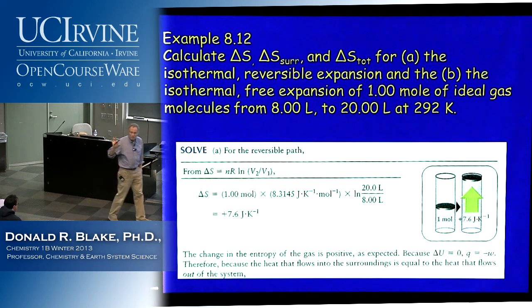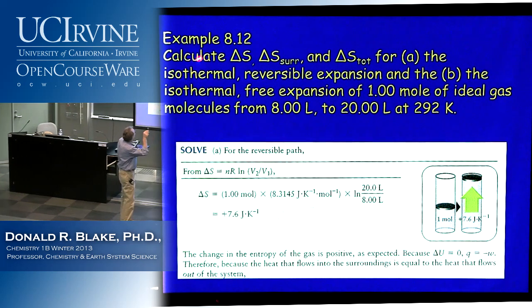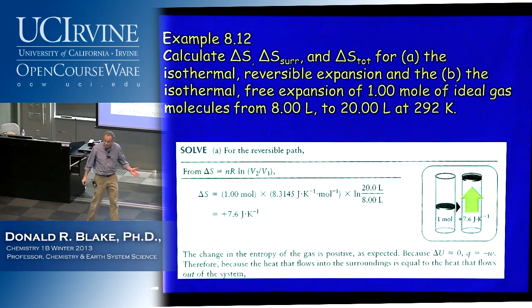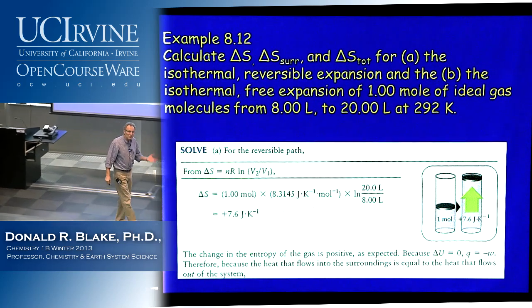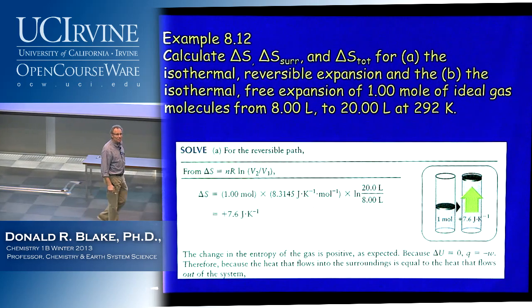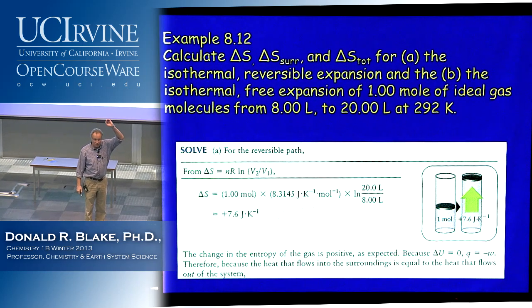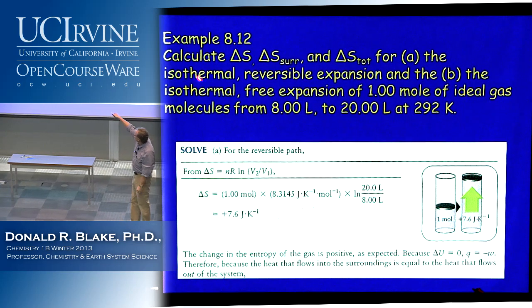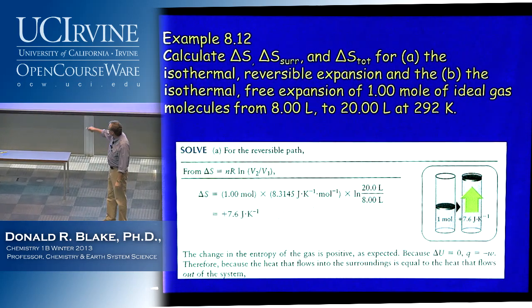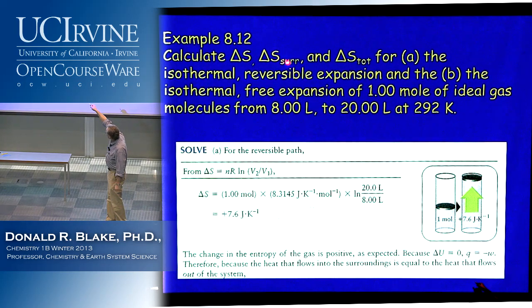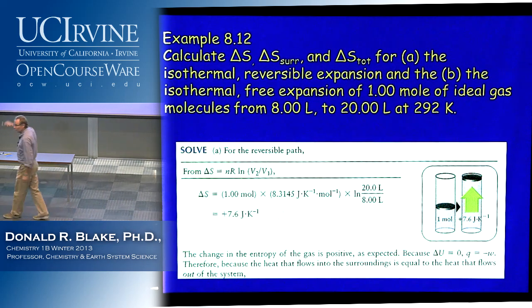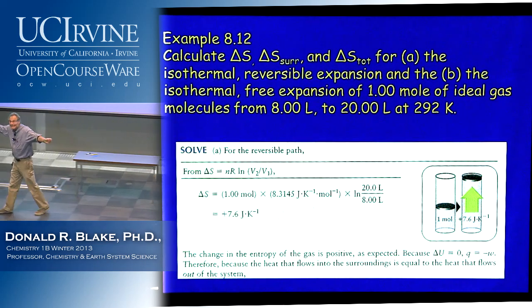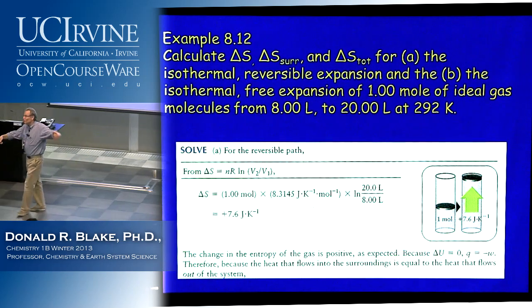The clue, folks, is that in this first case, it is isothermal and reversible. What does that mean delta S total is? 0. So if delta S total is 0 on something that is isothermal and reversible, then what must the sign of the surroundings be? A negative 7.6. So for the reversible isothermal, folks, this would be like an easy multiple choice where you don't have to do any work.